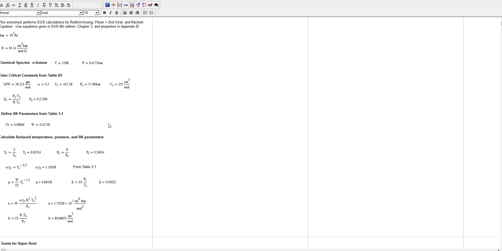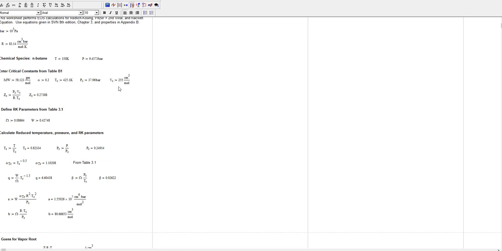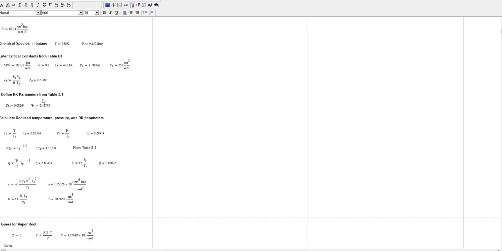The last thing I wanted to do is show you how to do this with MathCad. And so I've got a MathCad worksheet here. I believe it's the same problem with normal butane at these conditions. You have to enter the critical constants. And so we've got the critical constants.